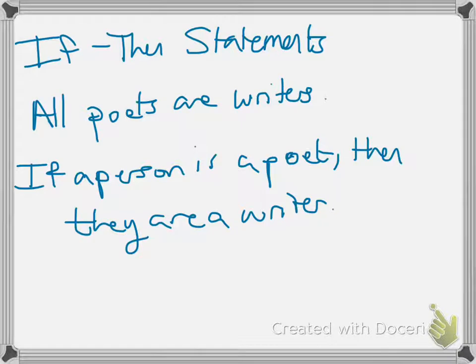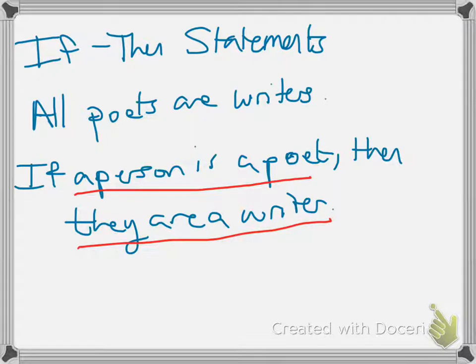All right. So, if-then statements. The first sentence I have written here, all poets are writers. That's a statement, these quantified statements that you looked at in section 3.1. We can rewrite that statement as an if-then statement. If a person is a poet, then they are a writer.